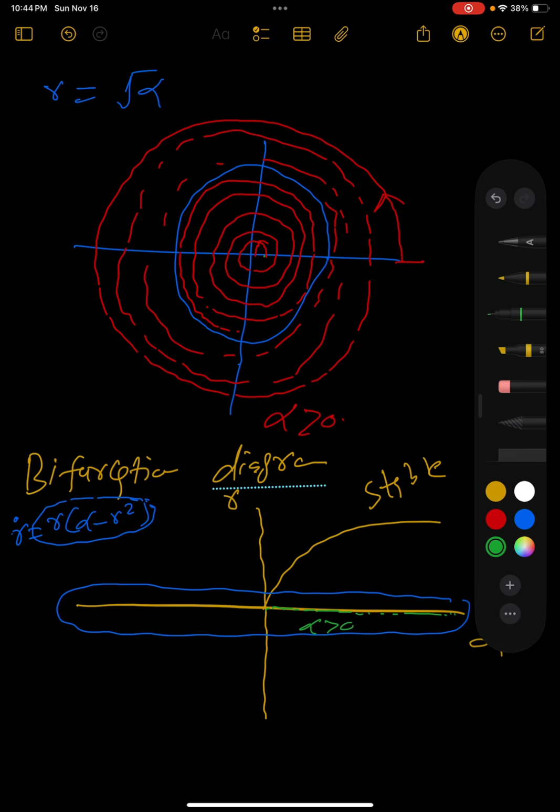Over here, if my alpha is negative, it is stable. So this is stable and this is unstable. We just see the linear part, because the non-linear part vanishes when we linearize, so we have just alpha.